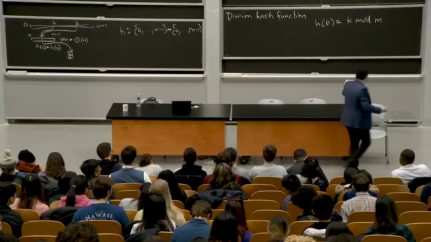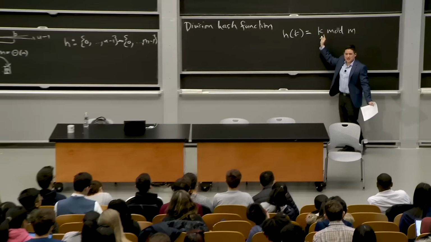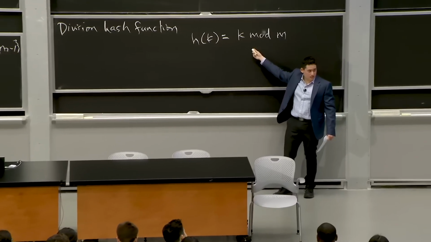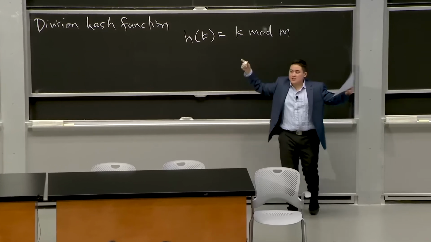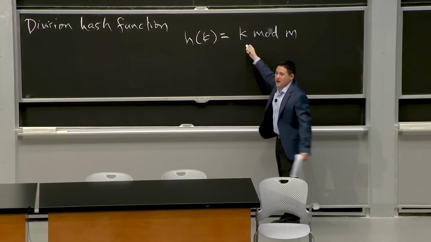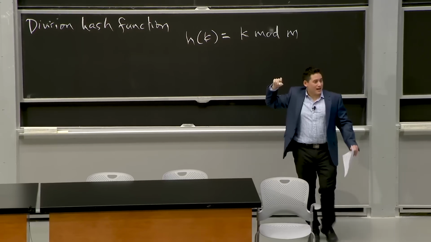But this plus a little bit of extra mixing and bit manipulation is essentially what Python does. All it does is jumble up that key for some fixed amount of jumbling, and then mod it by M and stick it there.